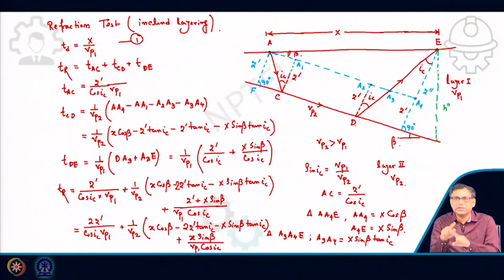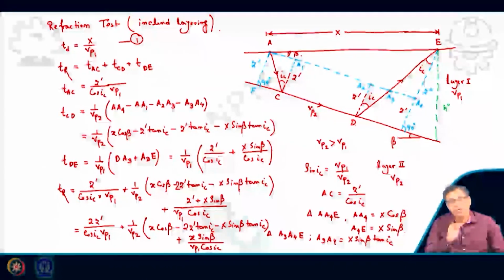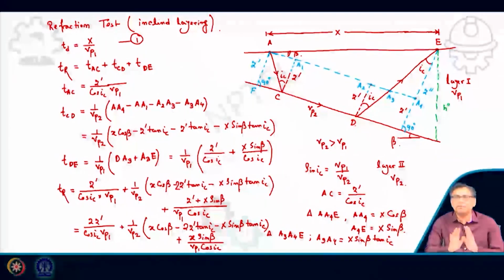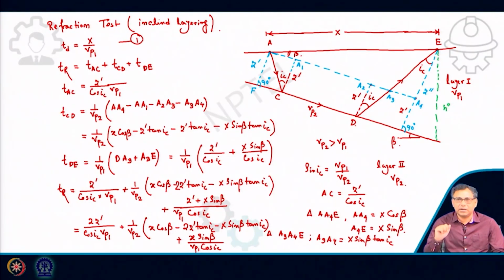I am interchanging their positions and doing the same test. If this were a horizontal layering case, both cases should give the same data. If I interchange the geophone and source positions for horizontal layering, I should get the same data. But as it is inclined layering, I will get different data.